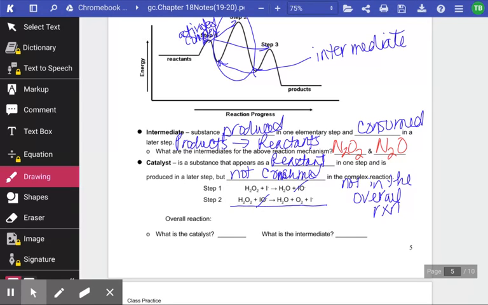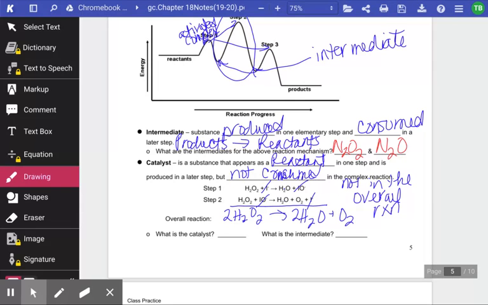And we also see iodide, I minus, as a reactant, and it ends as a product there. So if we were to write our overall reaction here, we have two H2O2, two hydrogen peroxide molecules, turning into 2 waters and oxygen gas.